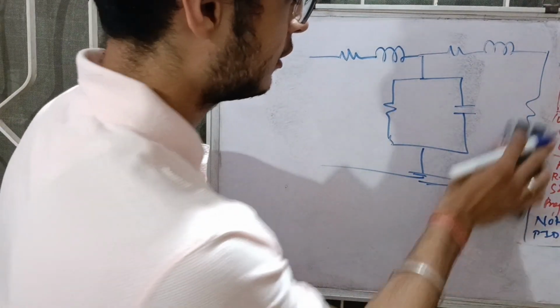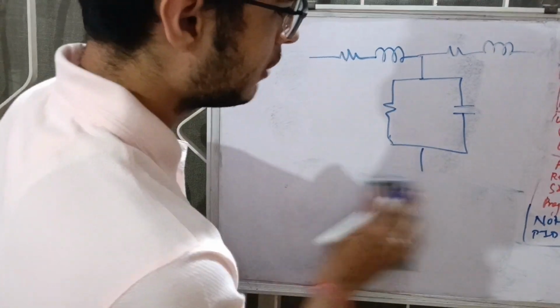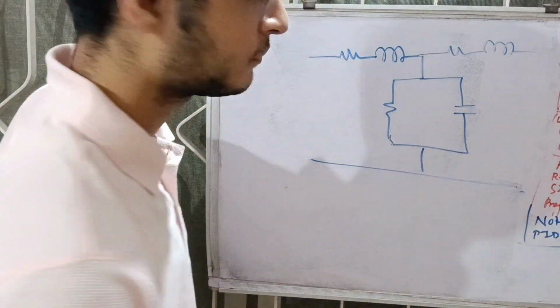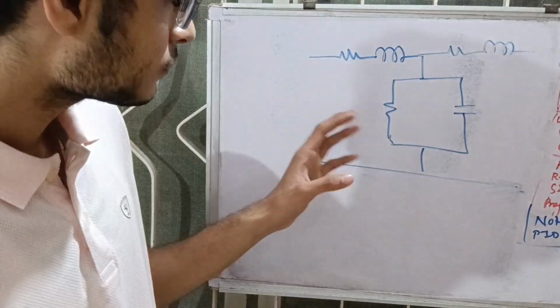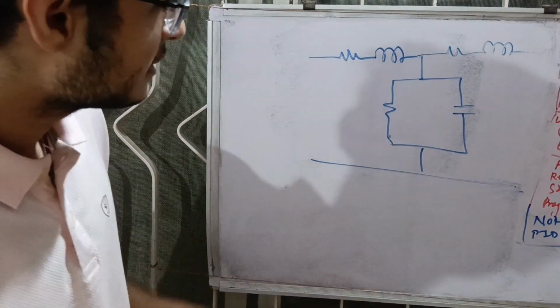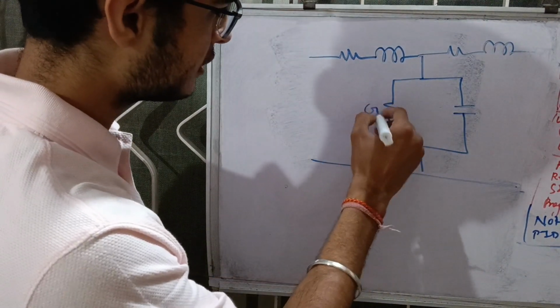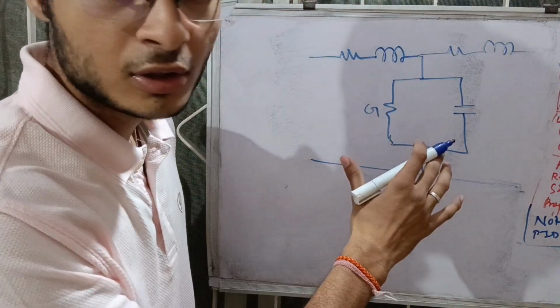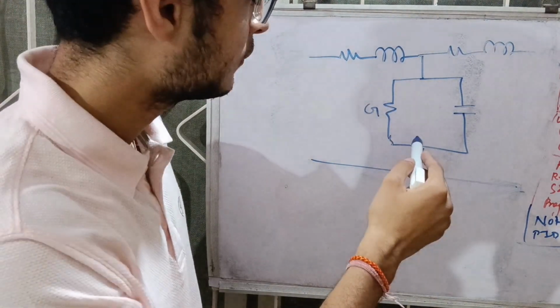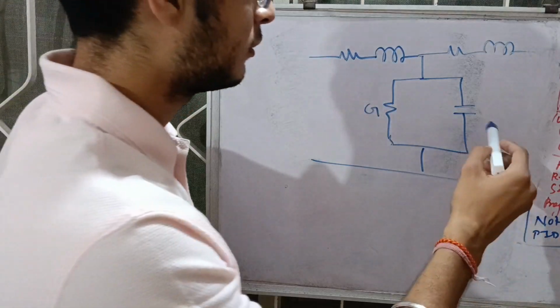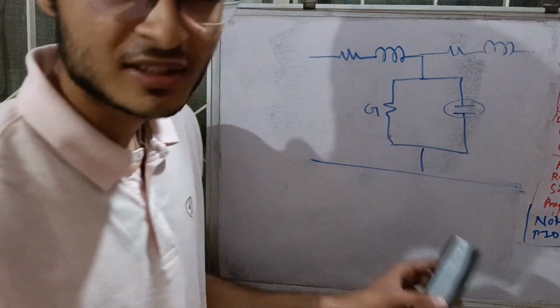That's not our primary concern right now, but this continues. What is represented here is the shunt conductance, or admittance, and this is capacitance.